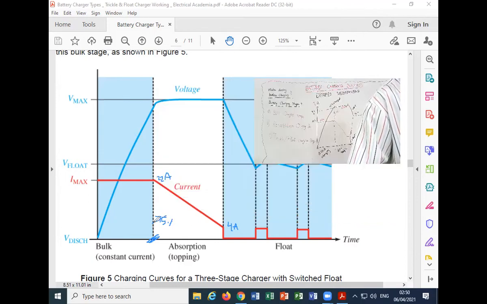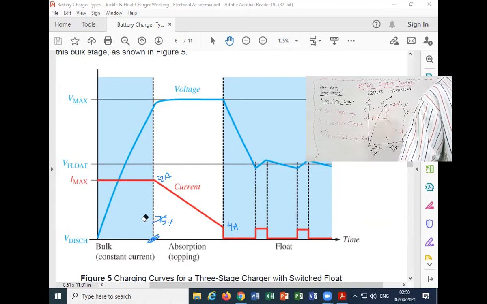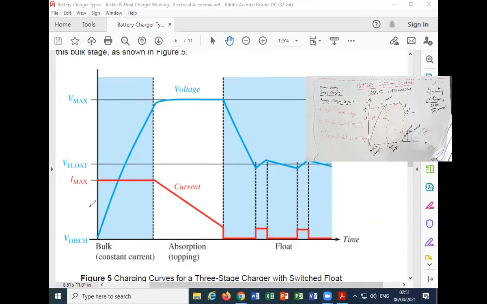Let me explain this stuff. Now look here. At the start, we started to charge the battery, and the battery draws the maximum current which it could draw.